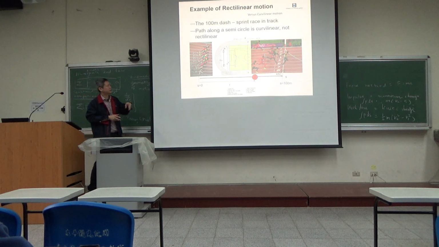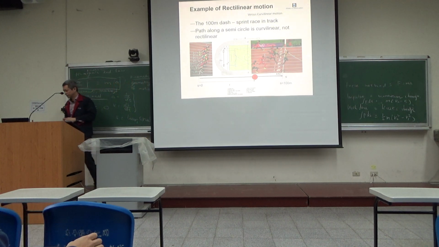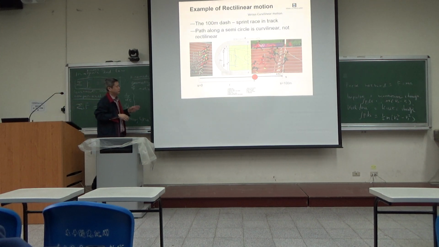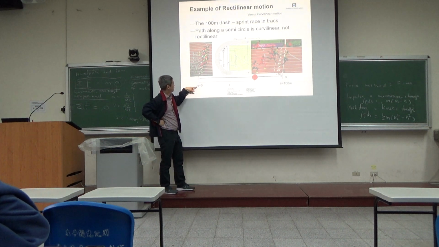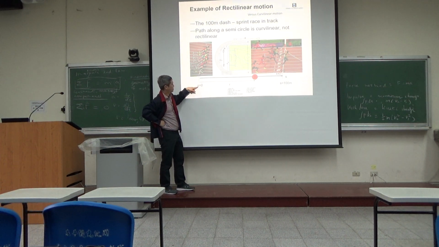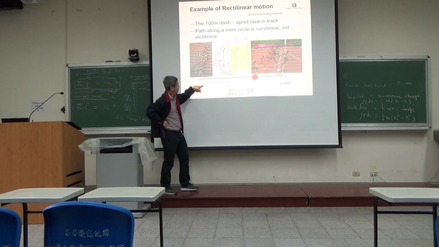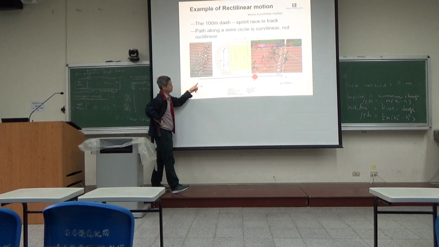So when you run the 100 meters, from the starting point to the finishing point, it is all a straight-line motion, so this motion is very easy to describe. In the case of running along the straight path, your distance starts from the starting point, point 0, and this distance is the current position with reference to the starting point.